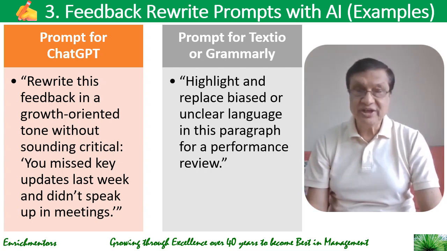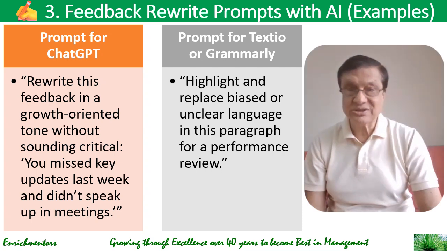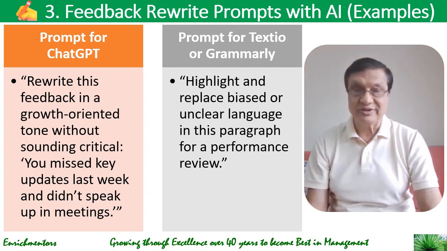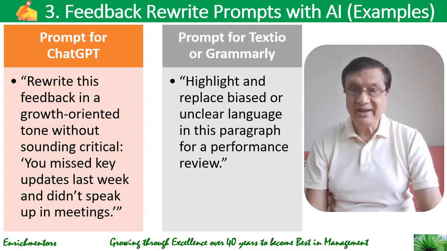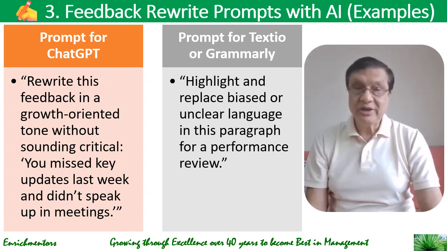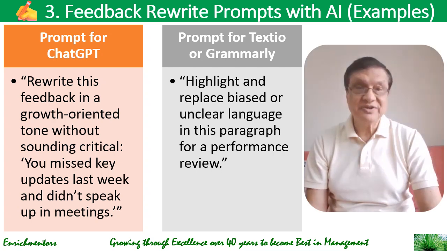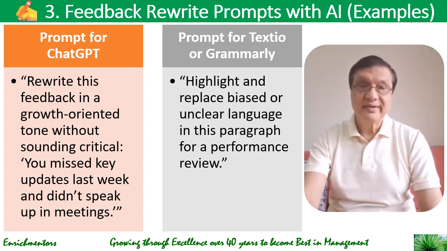And you could say, you missed key updates last week and did not speak up in the meeting. And a prompt for Textio or Grammarly could be, highlight and replace biased or unclear language in this paragraph for a performance review. So you can give the message that you want to be rewritten and give the prompt, as we saw in the case of ChatGPT.